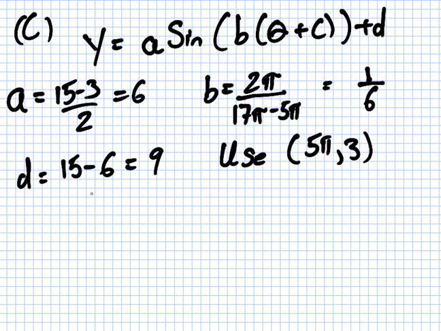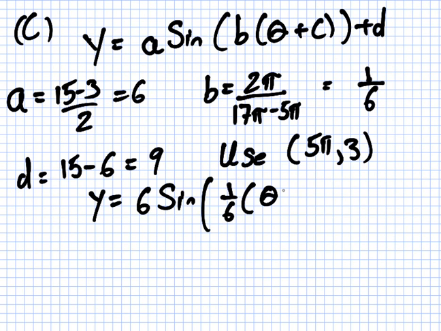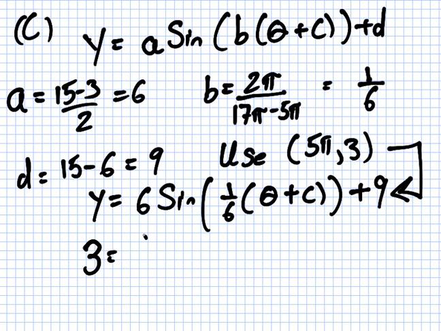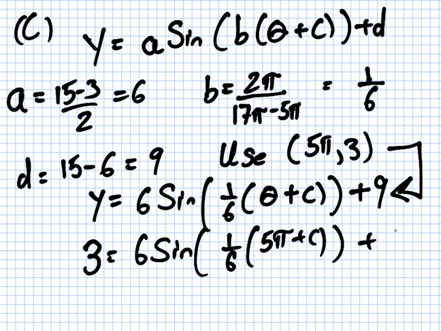So far we have y equals A sine B theta plus C, we don't know, plus D we do know. And now I'll put in that point. So I have 3 equals 6 sine 1 over 6 times 5 pi plus C plus 9.